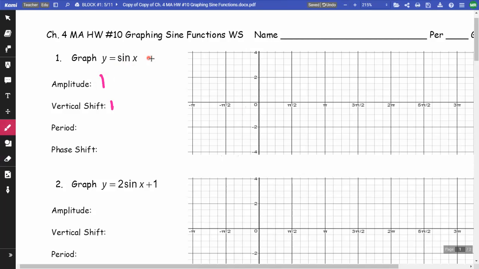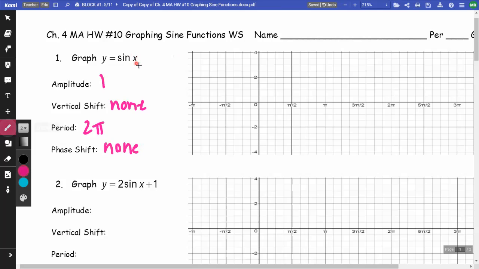There's nothing, so that's going to be none. My period is normally 2 pi, but it's 2 pi over b when there's anything going on that's not just a basic sine graph. Your phase shift in this case would be what's being added or subtracted in parentheses with your x. Nothing's happening, so this is going to be none.